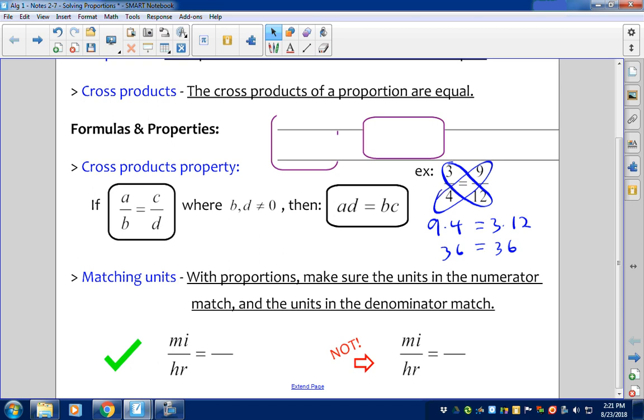But make sure the units in the numerator match the units in the denominator. The denominator is bottom and down.